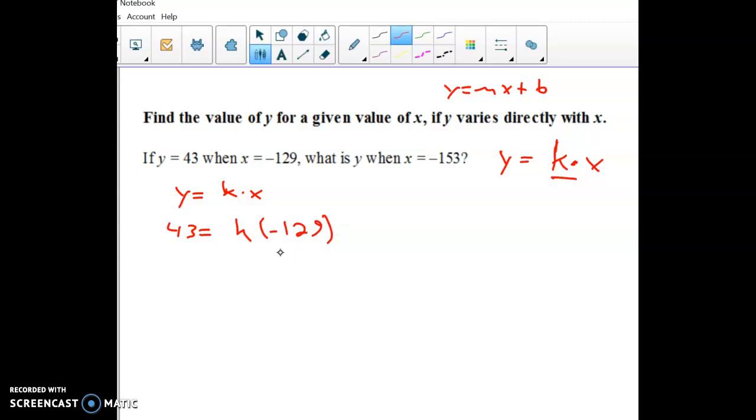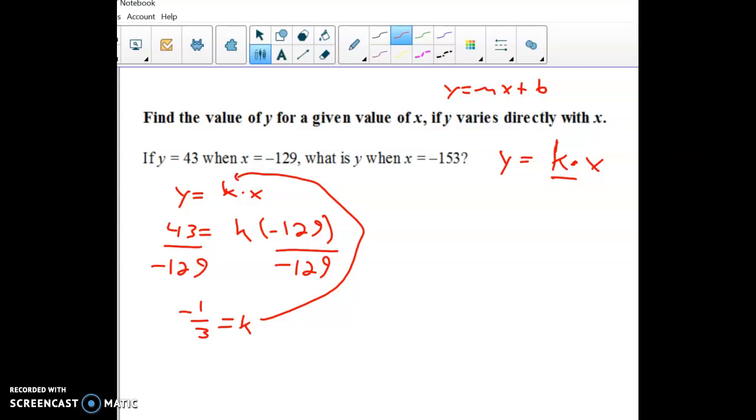So if I plug those in and solve this, I'm going to divide by -129 on both sides. I think that comes out to be -1/3. So that tells us that k is -1/3. So our equation is y is equal to -1/3 times whatever x is. If it asks for the equation, we'd be done.